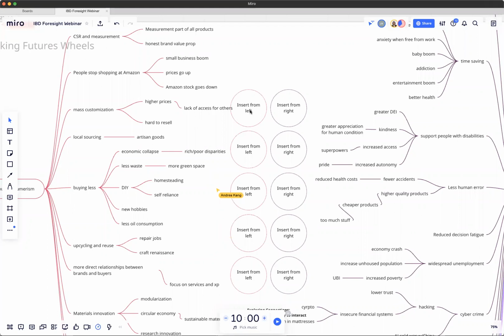So Andrea, as you look across these two wheels that we just made, what do you notice? Yeah, I actually really do like homesteading. So if we could throw that in there, homesteading and its relationship to stronger community. All right, we had someone else suggest craft renaissance to too much stuff.